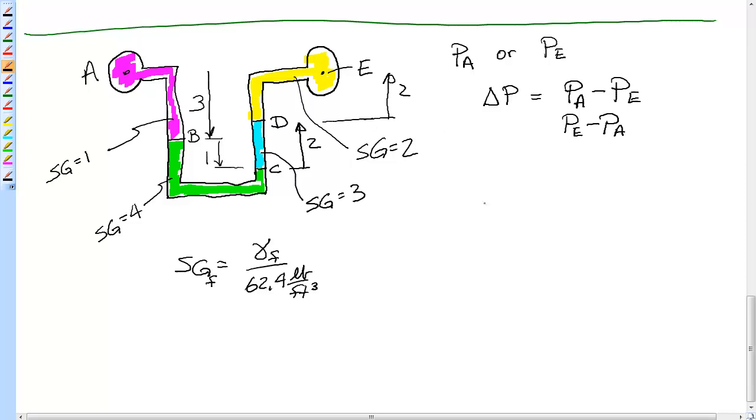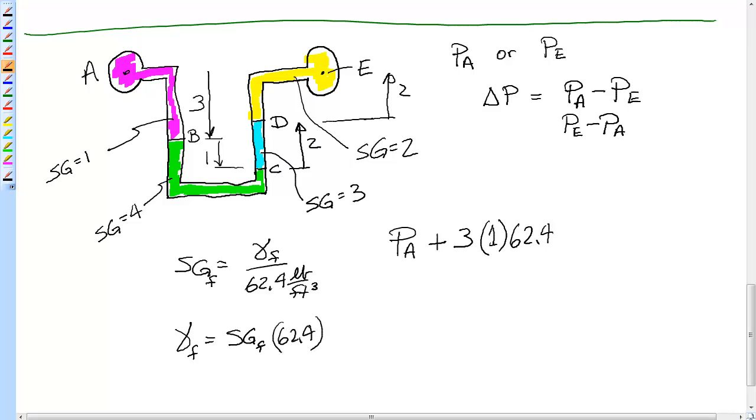Go ahead and do this and just take off. I'll just pick a point. I'll start at A. I'm going to go down 3 feet. Down becomes a plus 3 foot through SG of 1 times 62.4. Now, that means the gamma of whatever fluid is equal to the SG of that fluid times 62.4.